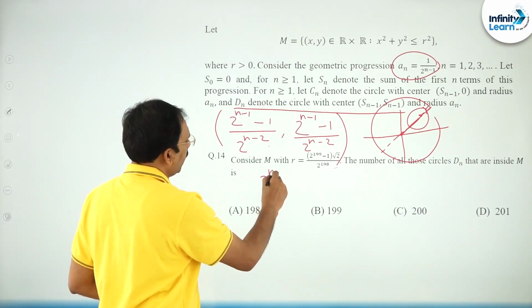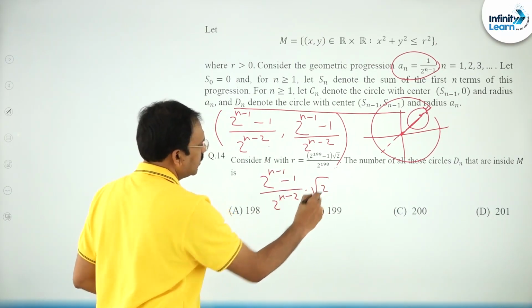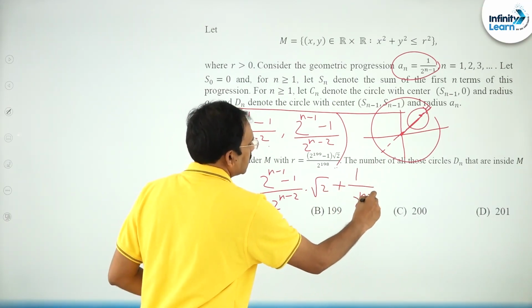This is 2 power n minus 1 minus 1 by 2 power n minus 2 into root 2, plus the radius 1 by 2 power n minus 1.